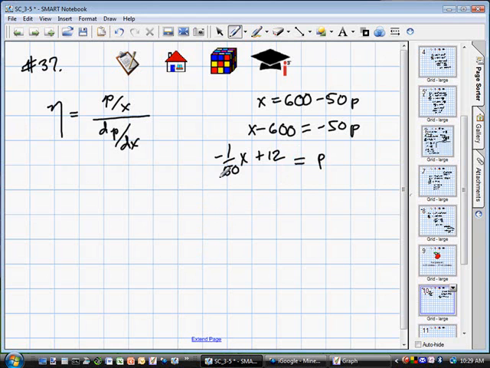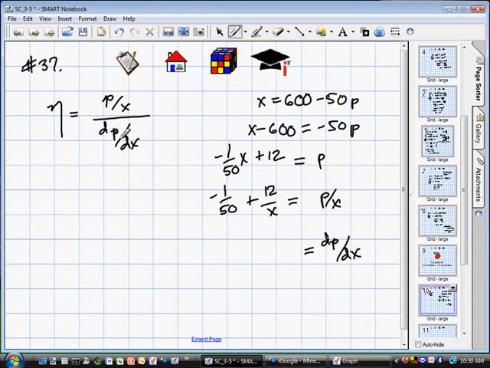So I'm really set to go. All I've got to do now is calculate these two pieces. What's p over x? Well, that would be negative 1/50th plus 12 over x. And then, what is dp dx?